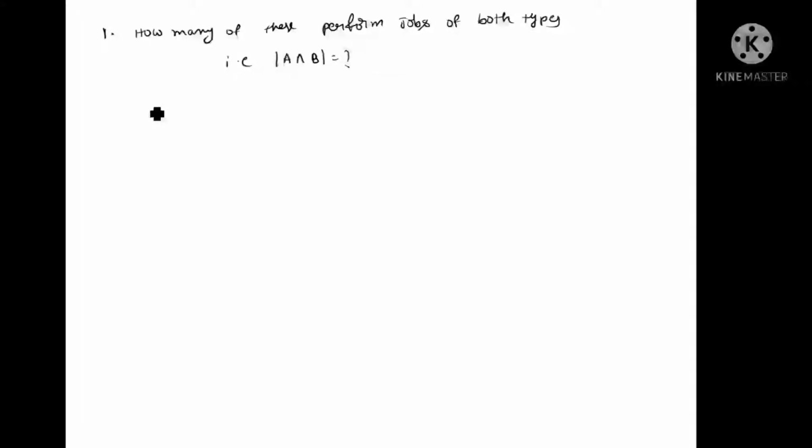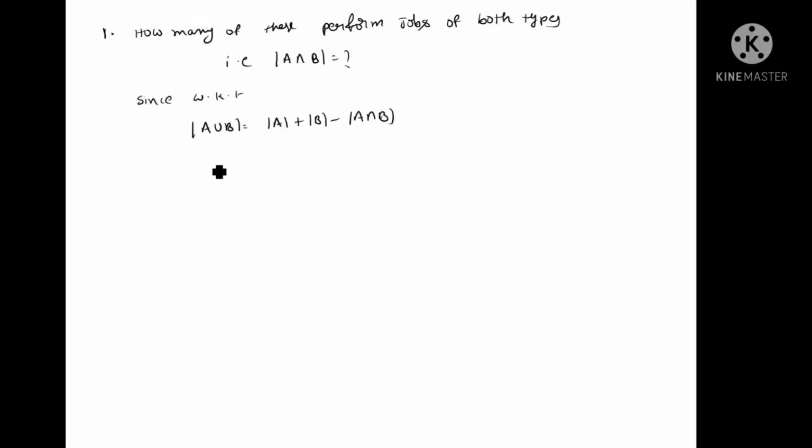Since we know by the principle of inclusion and exclusion for two sets, mod A union B equals mod A plus mod B minus mod A intersection B. Here we have to calculate A intersection B. We have the A union B value, mod A value and mod B value.